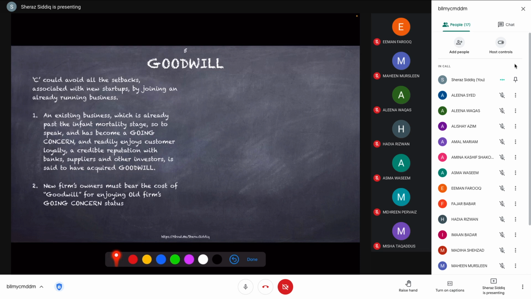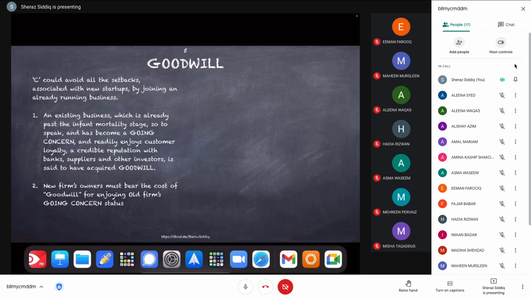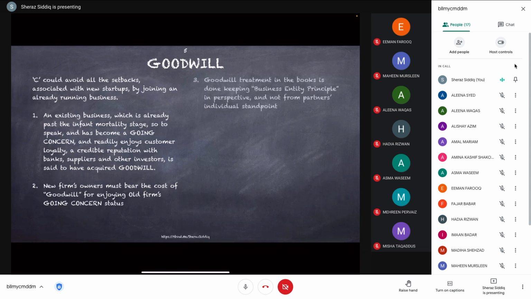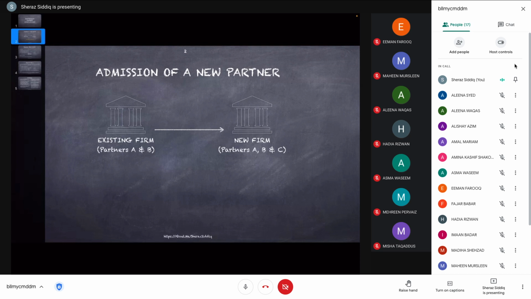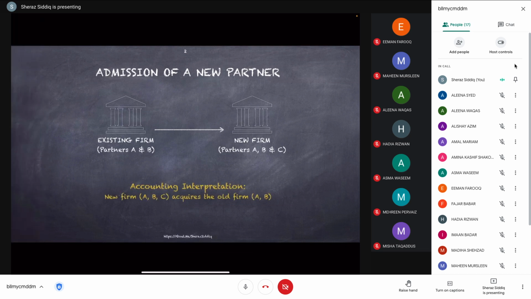the old firm's going concern status. Now, if I take you back to that first slide here, basically, since we have to see this situation from the business entities' perspective and not from the owners', a structural change will create a new firm.